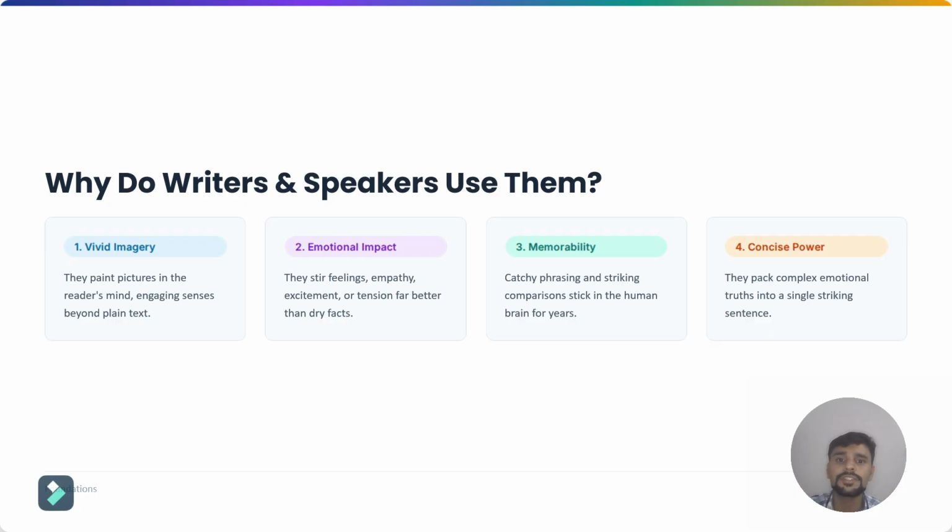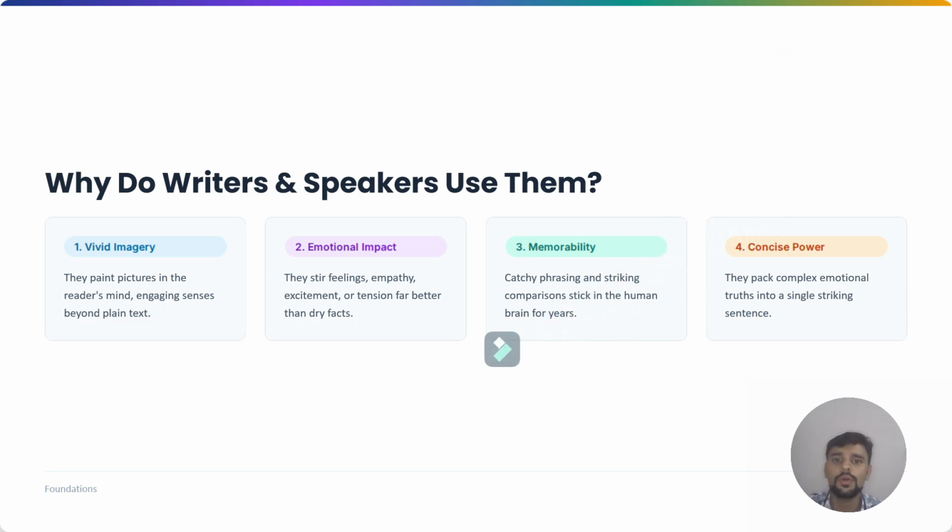Imagine a motivational speaker saying, "You should continue working despite difficulties." That's perfectly correct. But compare: "When the storm comes, don't abandon the ship." Now you have a mental picture. The storm represents difficulty. The ship represents your journey. Abandoning the ship represents giving up. A single image can communicate an entire philosophy.